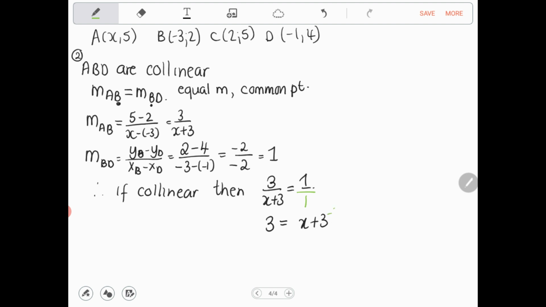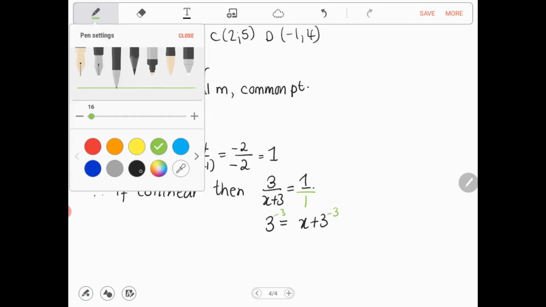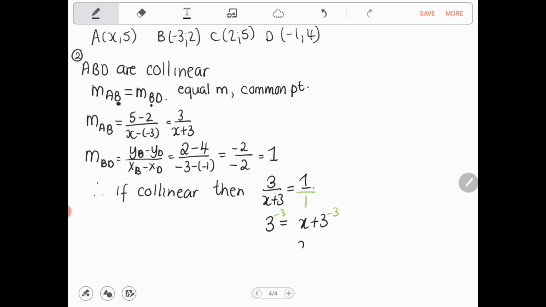And then we're going to subtract, and we're going to be left with x is equal to 0. So if those points are collinear, then x would have to be 0. In other words, A would have to be 0 and 5.